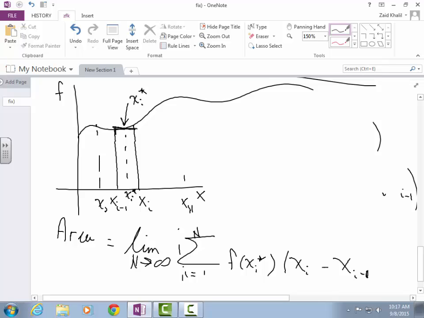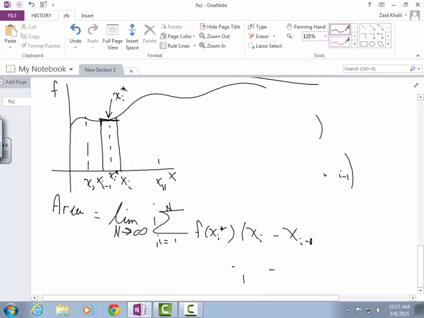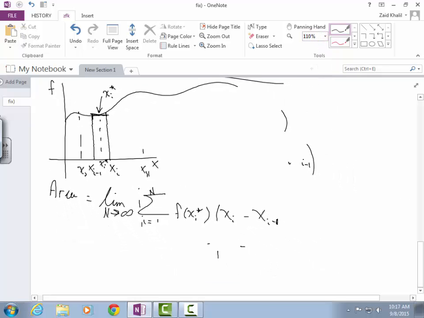Now the question is, how does that relate to derivatives? If you take the integral, the derivative of the integral is... Yeah, but I'm asking you a different question.